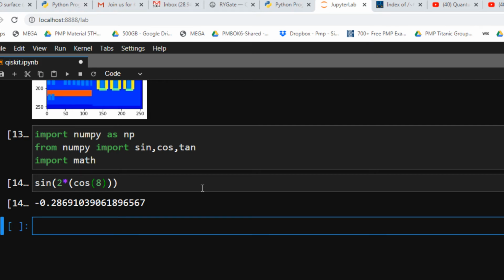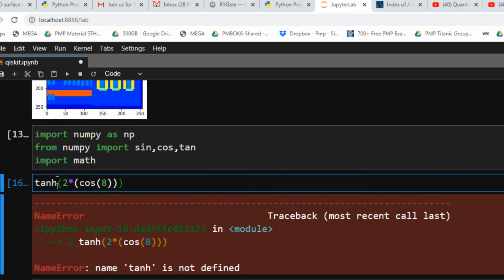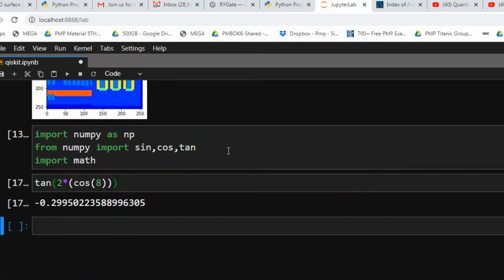Let me take the example of tan h. What is the value? So tan h is not defined, and then I'm gonna say tan h. Let's see if I can get it. Okay, so tan h.